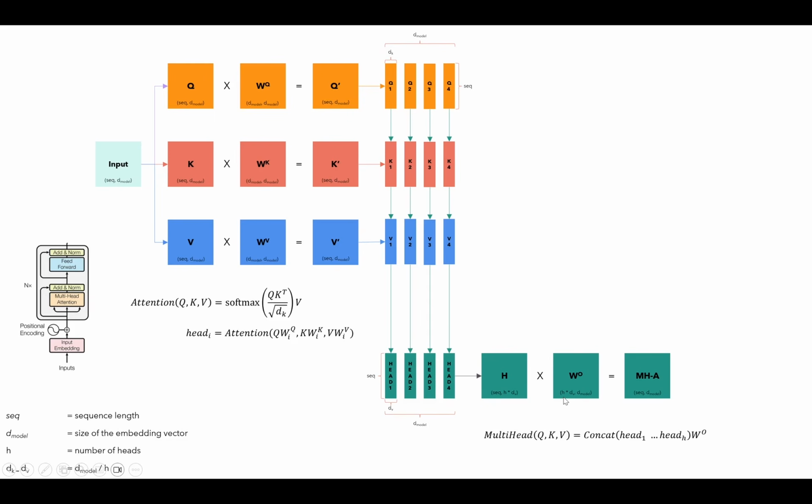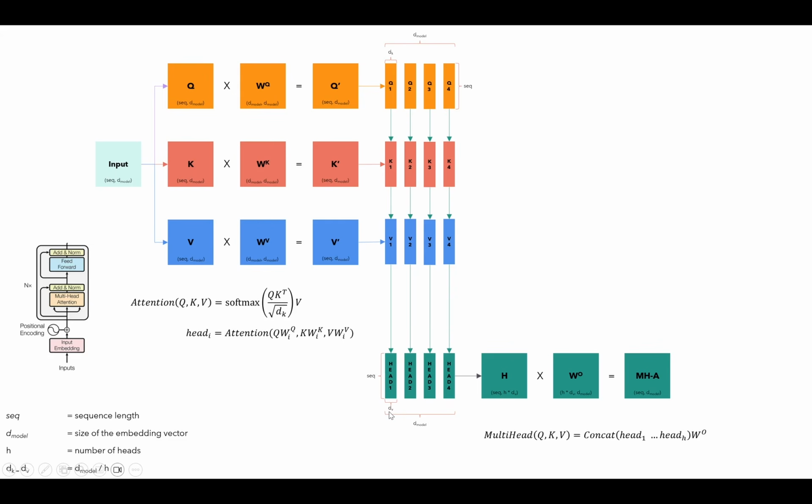This WO is H by dV by D model. So H by dV is what? dV is actually equal to dk, because it's the D model divided by H. But why is it called dV here and dk here? Because this head comes from this multiplication, and the last multiplication is by V. And in the paper, they call this value dV.